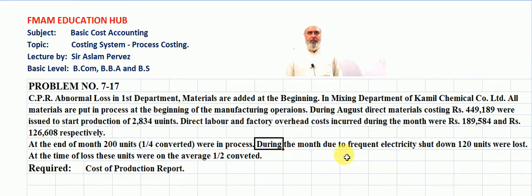During the month, due to frequent electricity shutdown, 120 units were lost. At the time of loss, the units were on average half converted. Required: prepare the cost of production report.